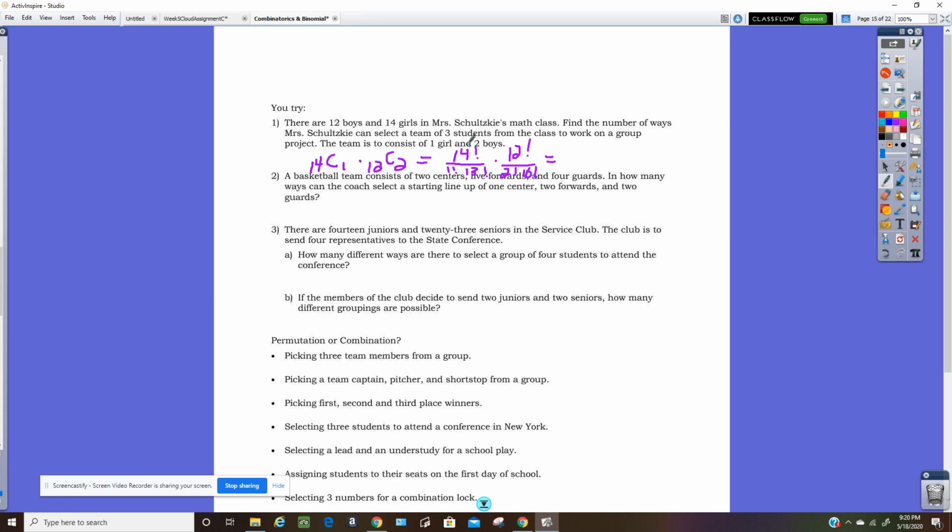Like I said, this number right here is going to be 14. And then this one, the 10 factorial is going to cancel. I get 11 times 12 divided by 2, 6 times 11 would be 66.